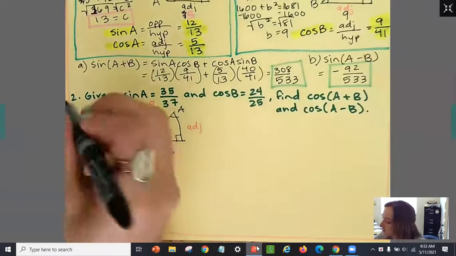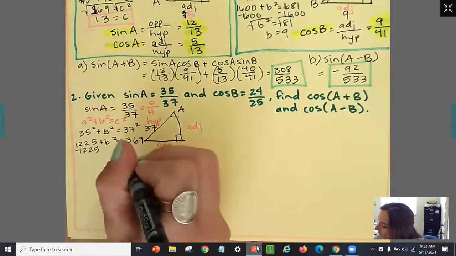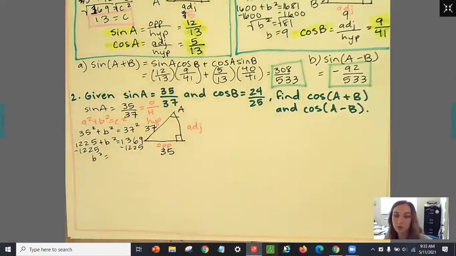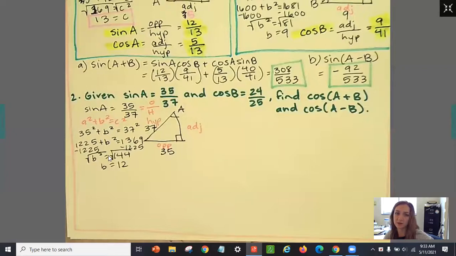So we're going to subtract the 1225, and we're going to get B squared equals 1369 minus the 1225. So this is going to be 144. And whenever you take the square root of 144, you are going to get 12. You actually get negative 12 as well, but we're only working with positive values here because we're talking about sides.